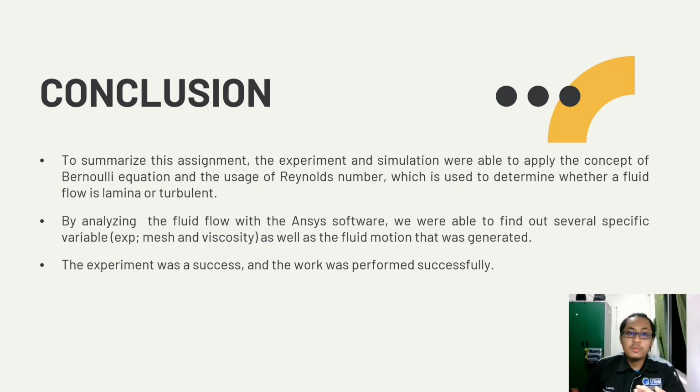By analyzing the fluid flow with the ANSYS software and the calculation, we were able to find several specific variables that were hard to calculate, and with ANSYS we are able to find them precisely, such as the mesh, the viscosity of the fluid, the velocity, the pressure, as well as the fluid motion generated by the software. Overall, the experiment was performed successfully. That's all from me. Thank you.